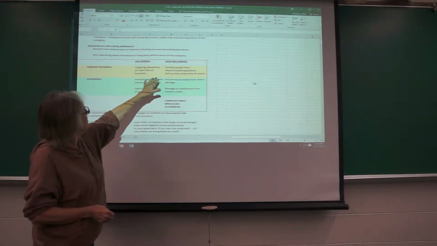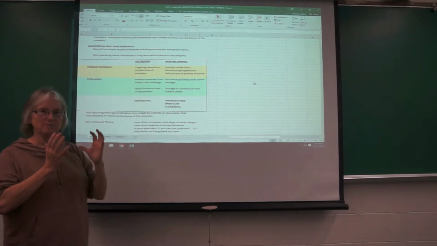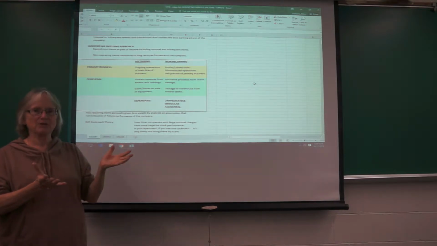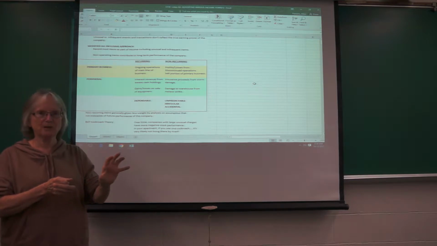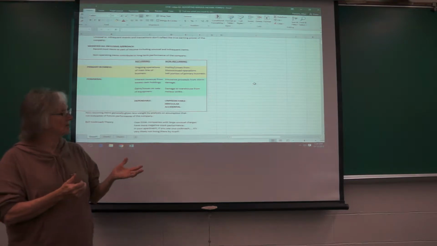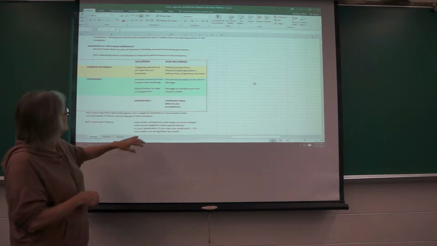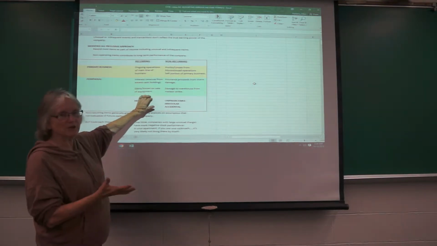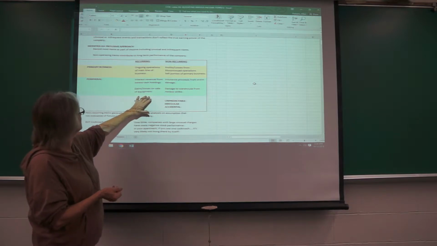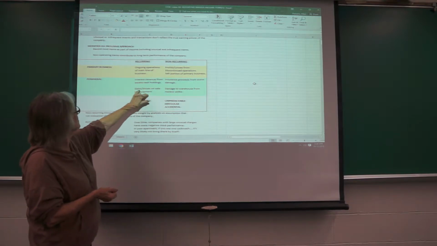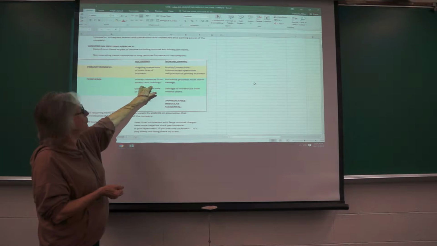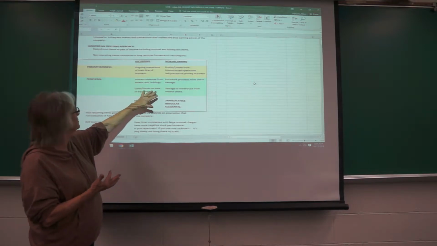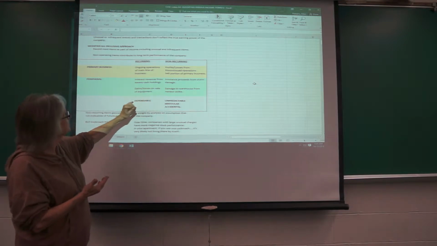That's the part of your income statement that has your operational income, so your revenues minus your expenses gives you your income from operations. Then we have the peripheral ones that were reported as other revenues and gains, other expenses and losses. These are part of the business, but they're not what they do for a business. So the interest revenue, dividend revenue, gains and losses on sale of equipment.